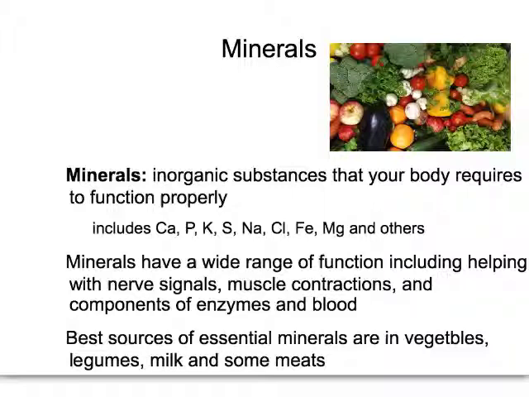And a bunch of your blood components depend on minerals. Your blood has hemoglobin, which needs iron. All right, and so those are just a few examples of why we need minerals in our diet. The best sources of essential minerals are vegetables, legumes, milk, and again, some meats.